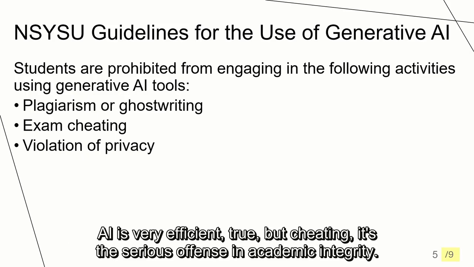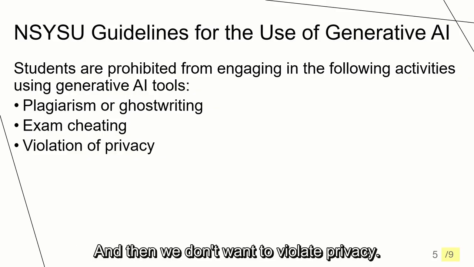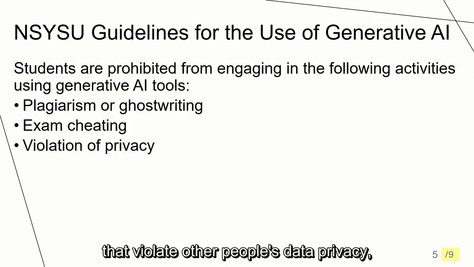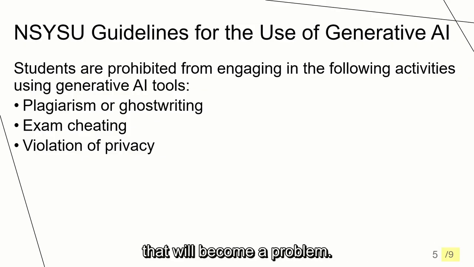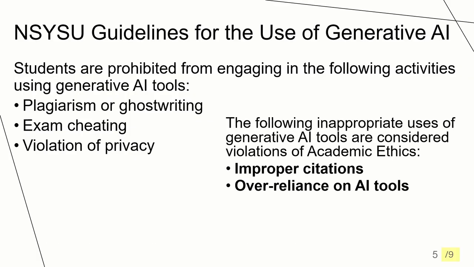AI is very efficient, true, but cheating is a serious offense in academic integrity. Therefore, we don't want to commit that. And then we don't want to violate privacy. If you use AI tools that may produce images or content that violate other people's data privacy, that will become a problem. Therefore, we don't want to violate privacy.